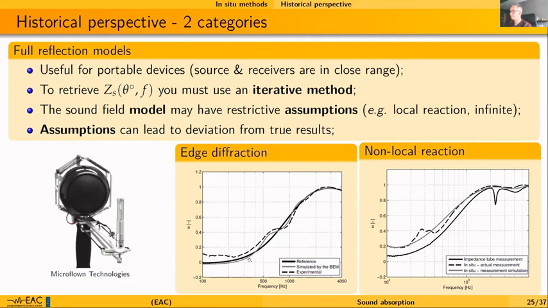Typically, if you're measuring a finite sample and assume that the sample is infinite, then you get these typical oscillations that we found numerically and experimentally. And if you assume that the sample is locally reactive and it is not, then typically you overestimate the absorption coefficient, which we also observe in the model and experiment.